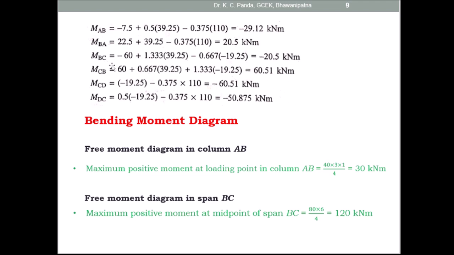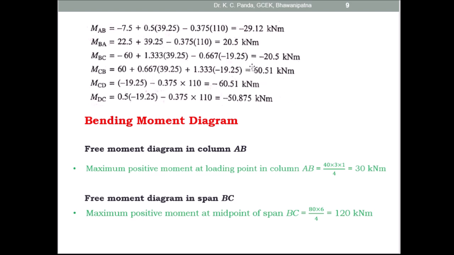Then MBC is equal to minus 60 plus 1.333 into 39.25 minus 0.667 into minus 19.25, which is equal to minus 20.5 kilonewton meter.